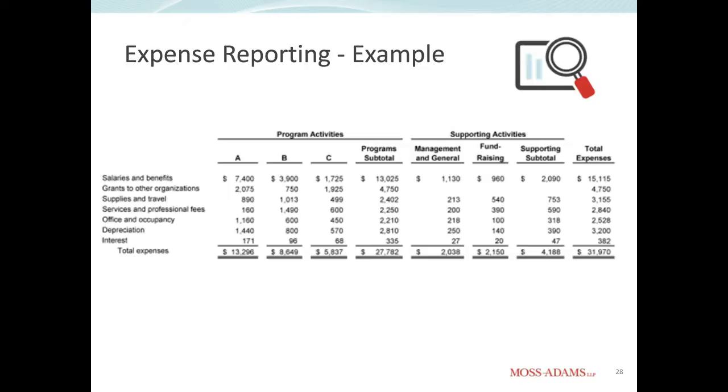Again, you can see here down towards the bottom, you have office and occupancy, depreciation. Oftentimes those expenses are allocated using some kind of reasonable basis, such as square footage, time and effort on a job, etc.